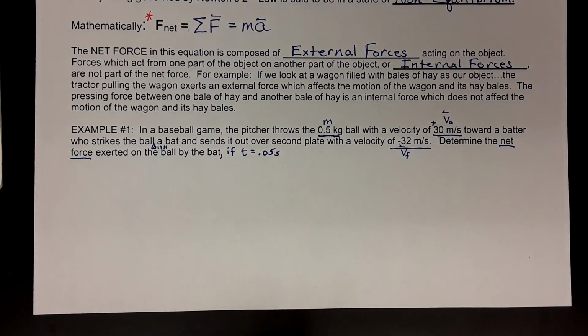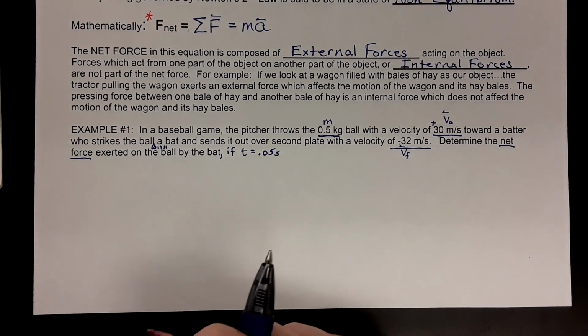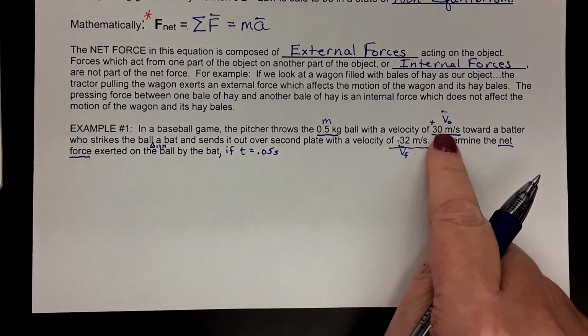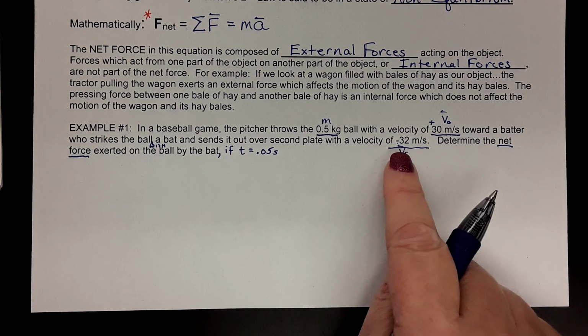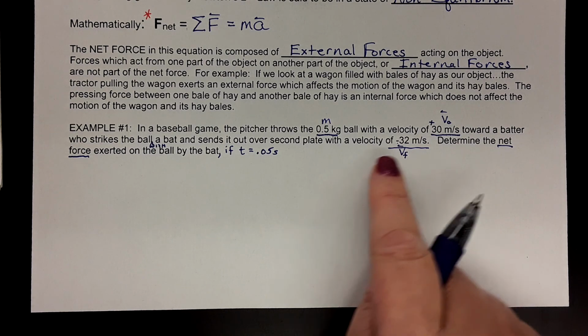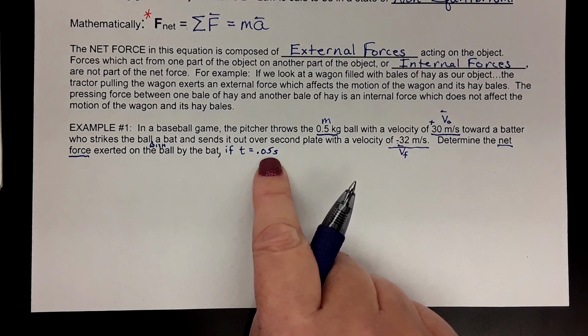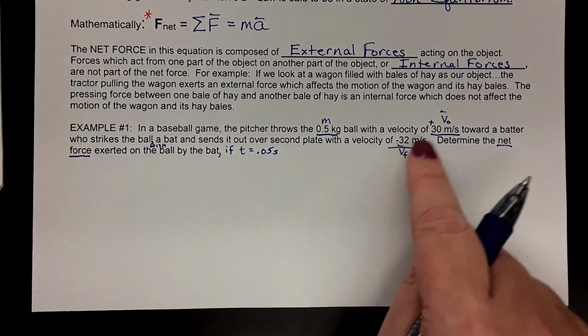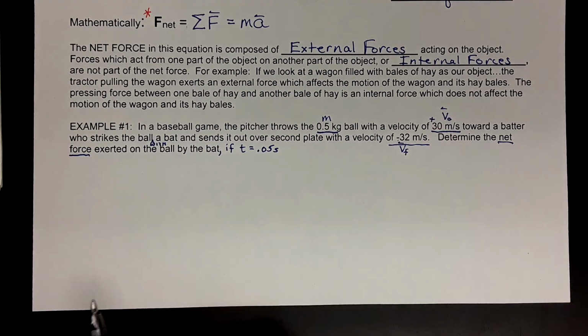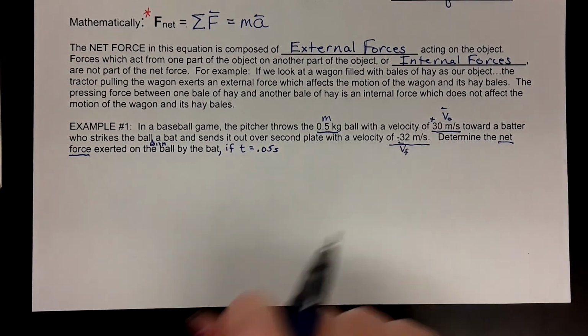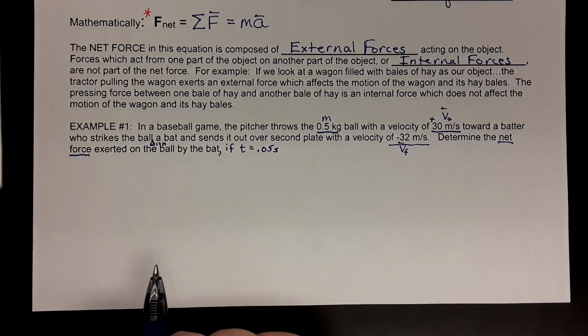That's when the motion of the ball is going to change from 30 in the positive direction to 32 in the negative direction. So that time period, even if it is very small, is when the acceleration, the change in motion, takes place. So that's when the net force acts on the ball.